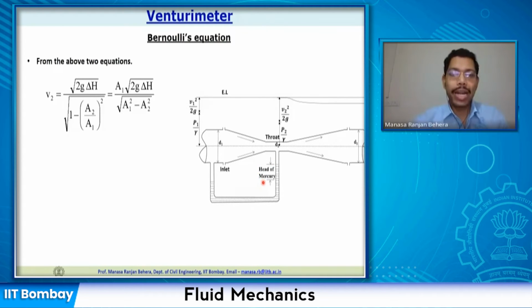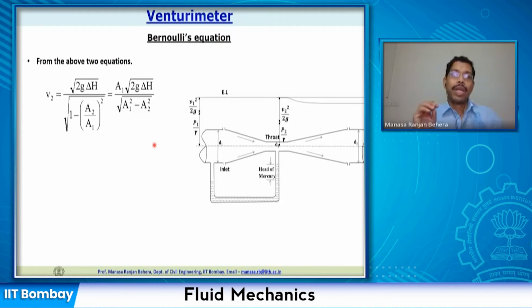I will come to that head a little bit later, but before that let us see this equation. So we can write this divided by square root of 1 minus (A2 by A1) whole square. Now if I take this out, I can rephrase this equation like this: A1 multiplied by square root of 2g delta H divided by square root of A1 square minus A2 square.